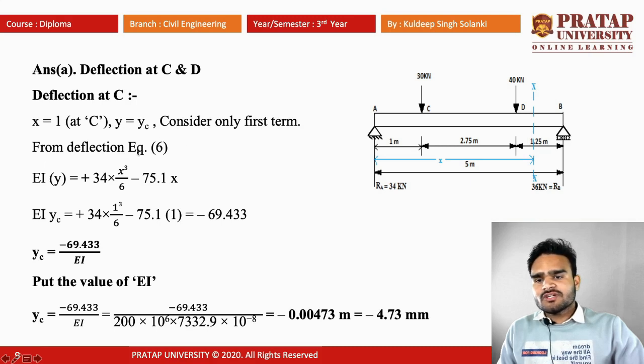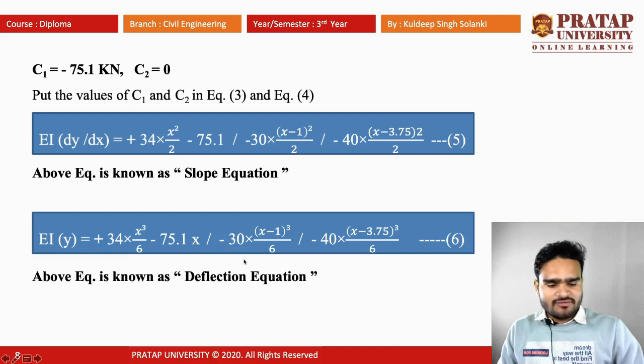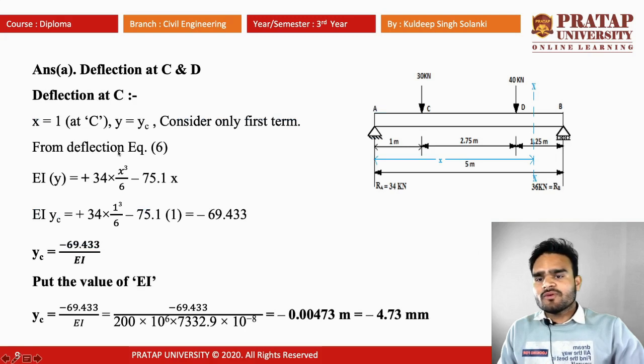Our slope equation is equation number 5, and equation number 6 is our deflection equation. Now from the deflection equation, put x equal to 1 and y equal to yc. Put y equal to yc, plus 34 times the value of x equal to 1, and 75 times the value of x equal to 1.